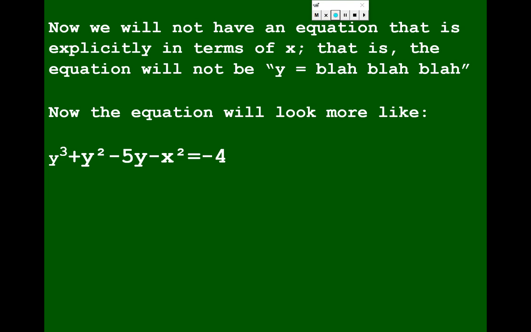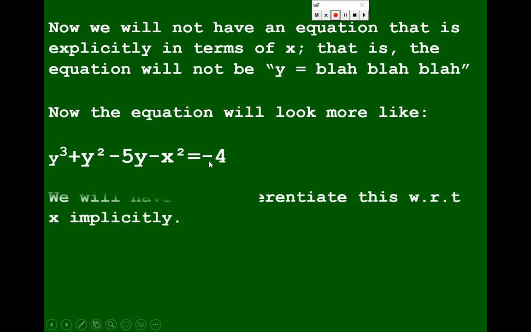So you see, y is not by itself, and honestly, I wouldn't know how to get y by itself. It takes a grandmaster of mathematics to probably get y by itself. It's not impossible, I just don't have the time or patience to do it. How do you take the derivative of something that looks like this?